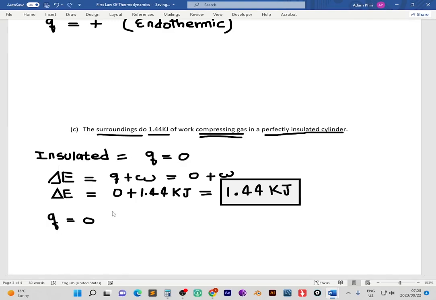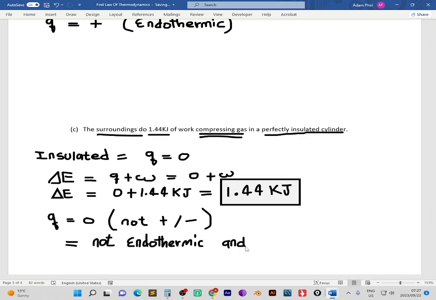So Q there is 0. What does that mean? That means that it's not positive or negative. 0 has no sign. Because we rely on sign to determine endothermic and exothermic, since there's no sign, it means that it's not endothermic, meaning that it's not consuming heat, and it's also not exothermic, it's not releasing heat.